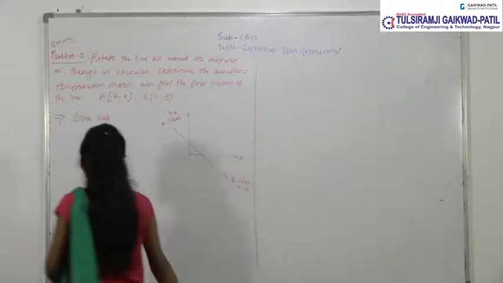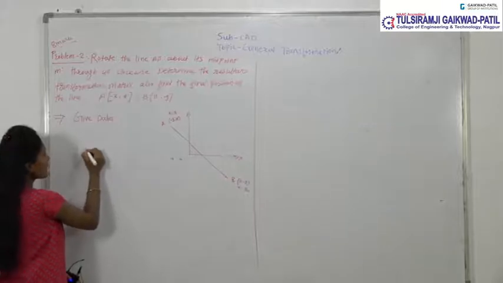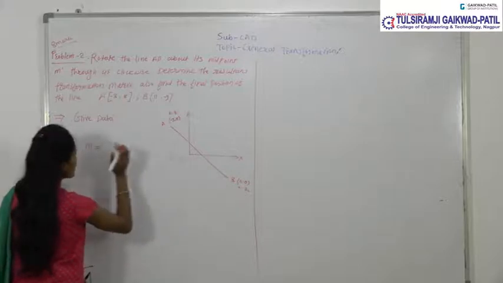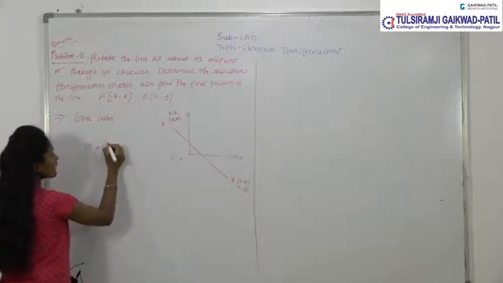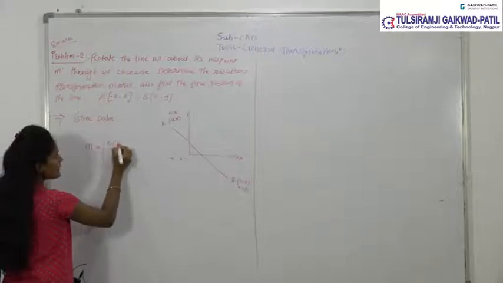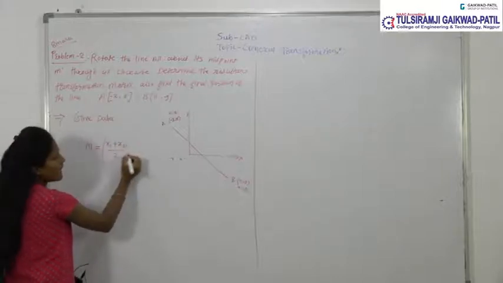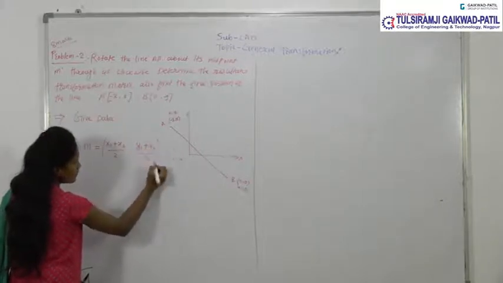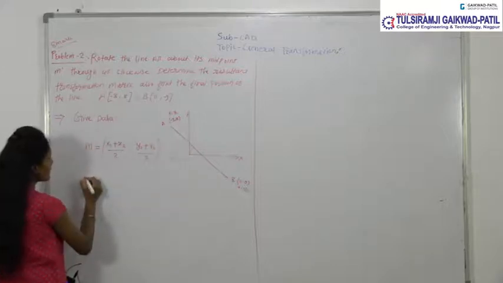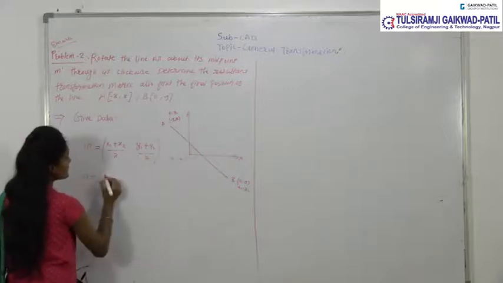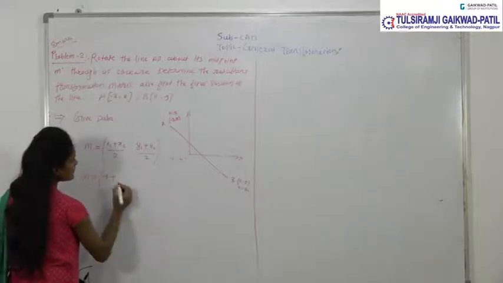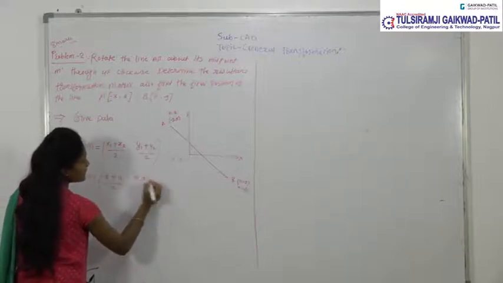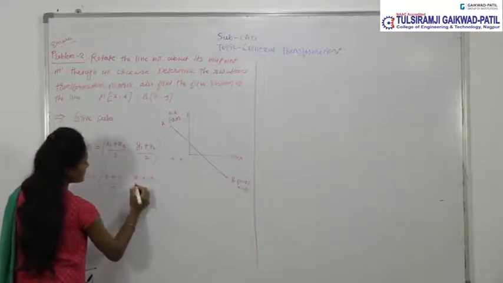What is the formula for the midpoint? For A and B, the midpoint M is: x midpoint is x1 plus x2 divided by 2, and y midpoint is y1 plus y2 divided by 2. Here x1 is minus 3 and x2 is 11 divided by 2, y1 is 8 and y2 is minus 9 divided by 2.